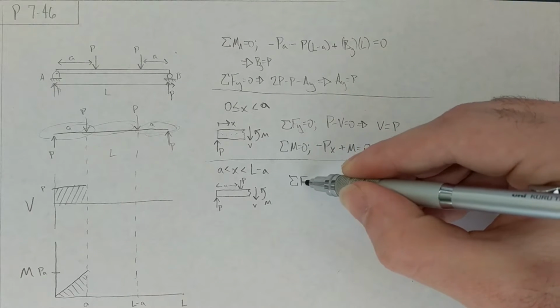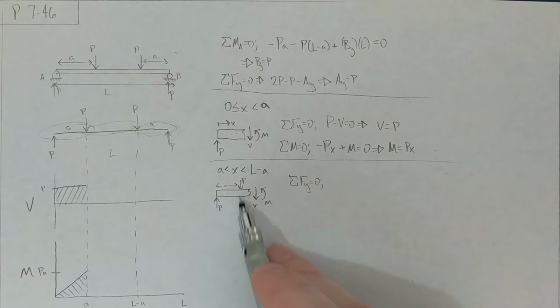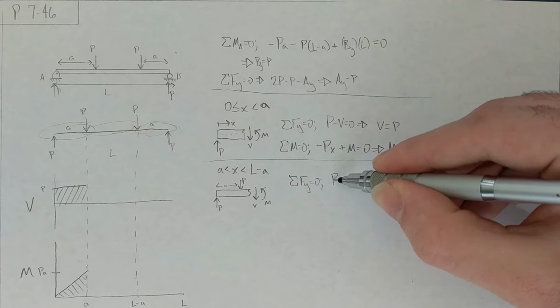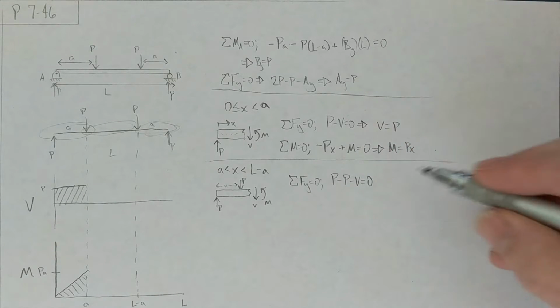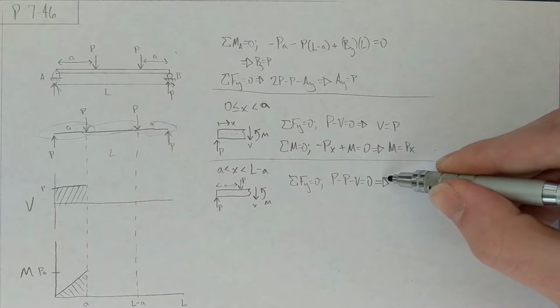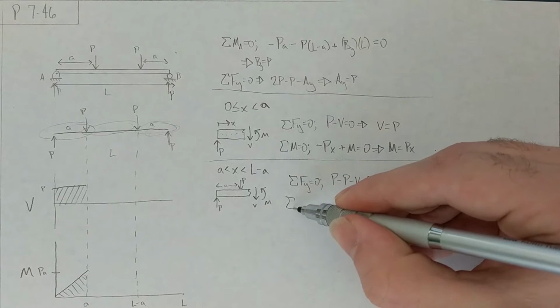Summing Fy, we see P minus V equals 0. So V equals 0. Not bad.